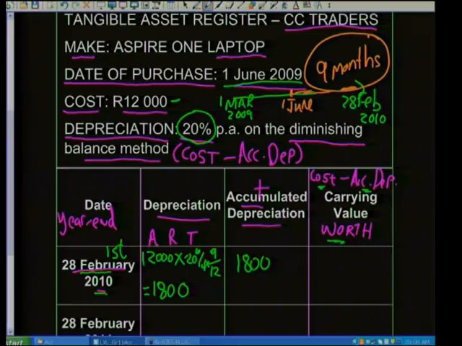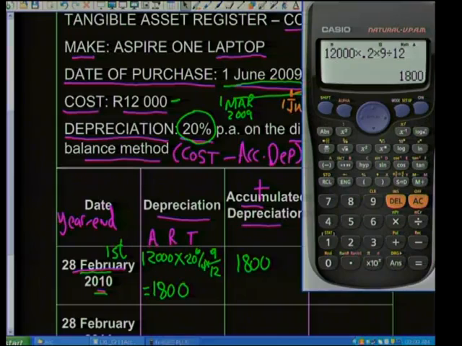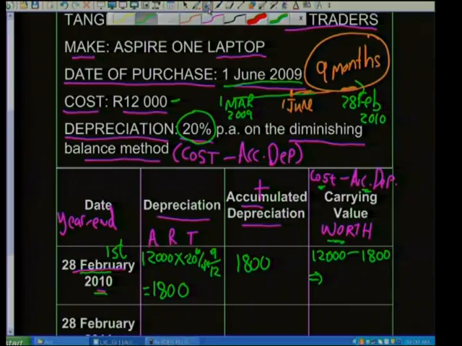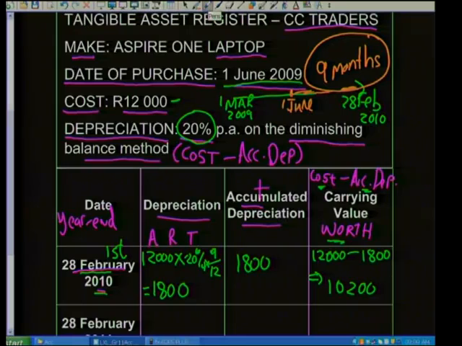So the cost of the asset is 12,000 minus accumulated depreciation that we've written off, which is 1,800, which means this laptop is now worth 12,000 minus 1,800, it is worth 10,200. Okay, so the laptop is worth, let's write it down, 10,200. Right, so that was obviously at the end of the first financial year.